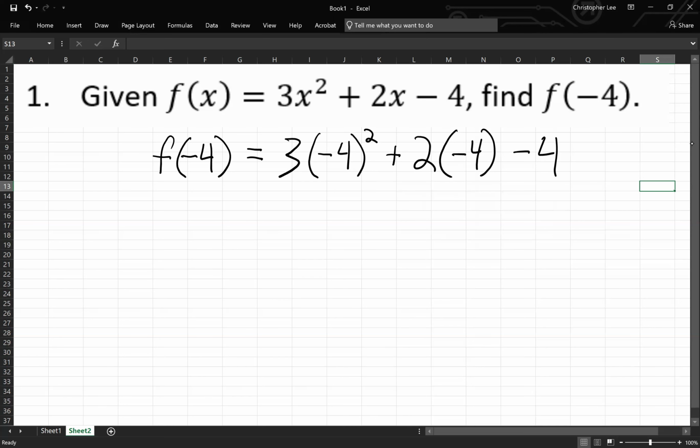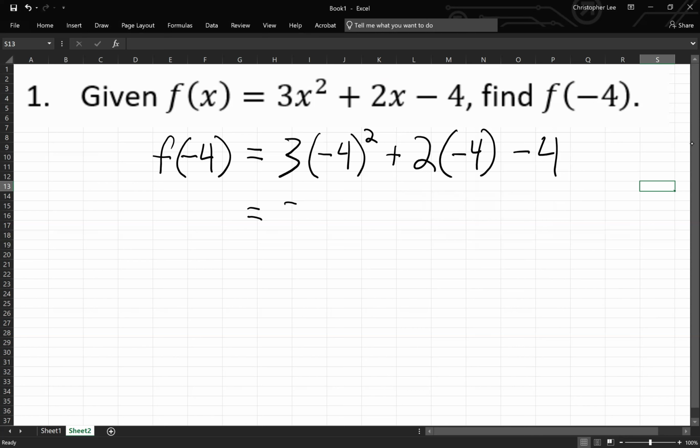Just like that. And then this is the math part, the hard part. What do I do next? Negative 24? That's the final answer? It probably is, but what should I do next? 16, good.